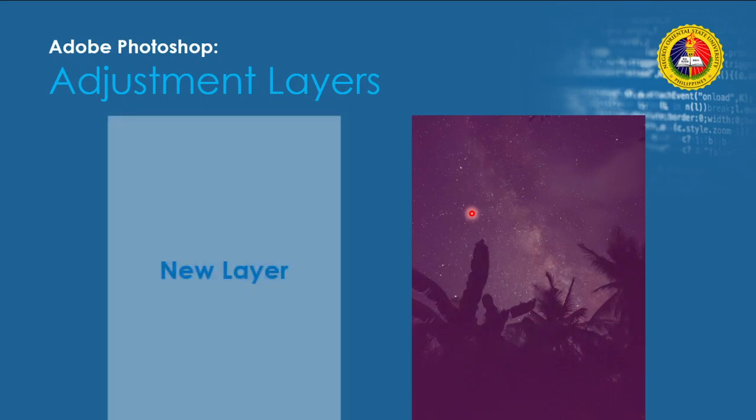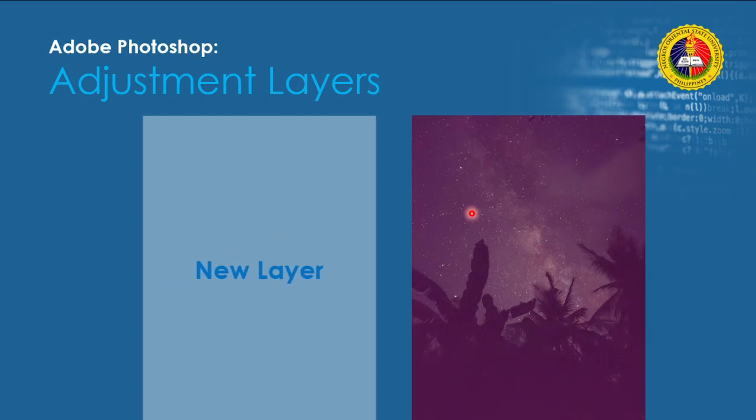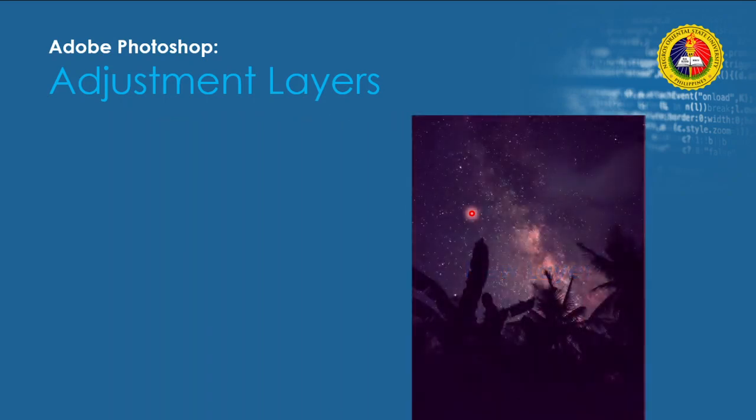So for example, adjustment layers are just like any other layer. Okay, we already learned about layers previously. So basically, think of adjustment layers as just about any layers, and then we are just setting, for example, color adjustments, brightness or contrast, exposures, and any other adjustments, and then we are going to apply it to the photo itself.